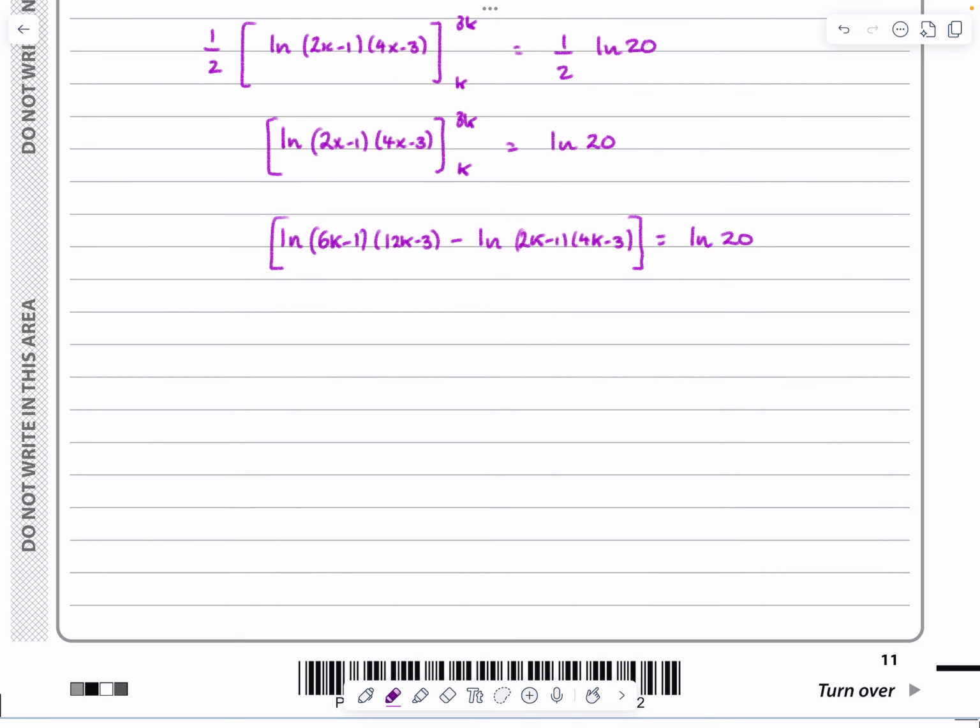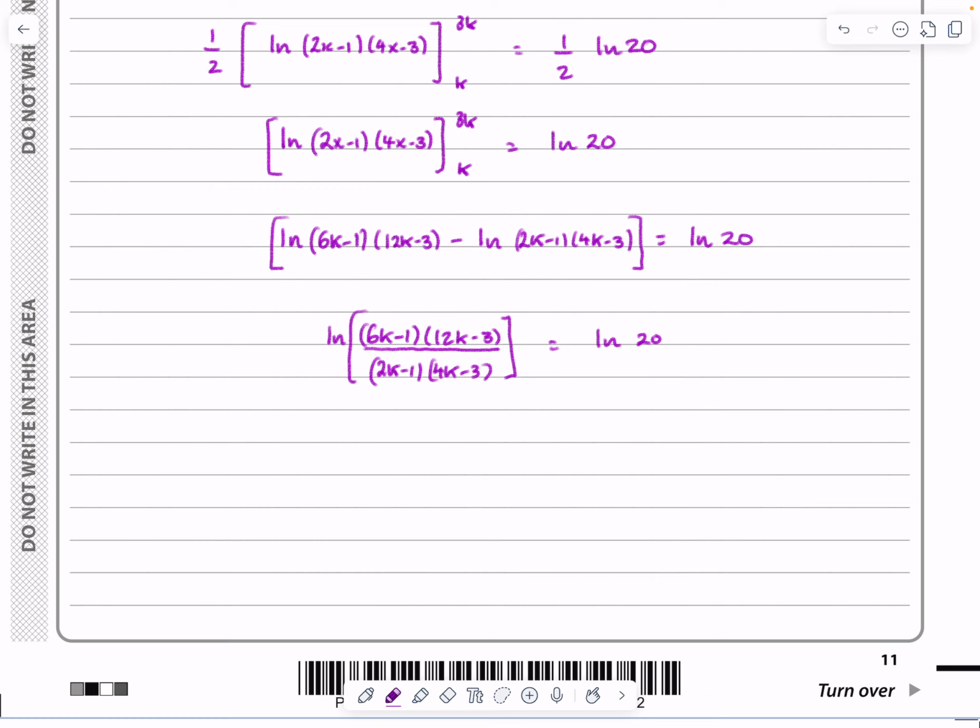Now again, using my log rules, I've got log of A minus log of B here, so I can say that log of (6k minus 1)(12k minus 3) all over (2k minus 1)(4k minus 3) is equal to log 20.